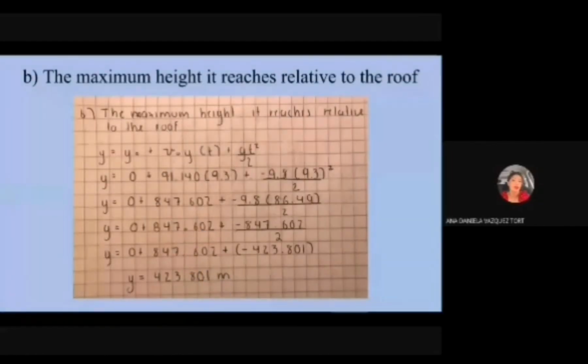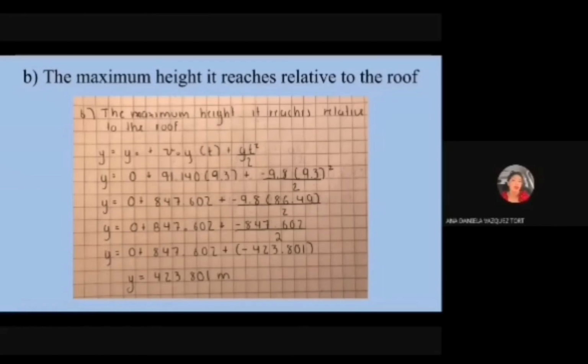Problem 2, which is part B. They are asking us for the maximum height it reaches relative to the roof. As we are talking about the component y, since it moves top to bottom, we are going to use it like that. To get the result, we use the formula: y is equal to the starting position, which is 0, plus initial velocity in y per time, plus gravity per time squared over 2.